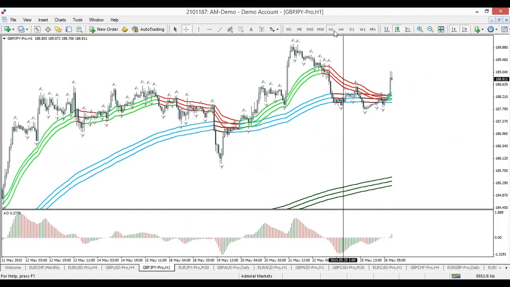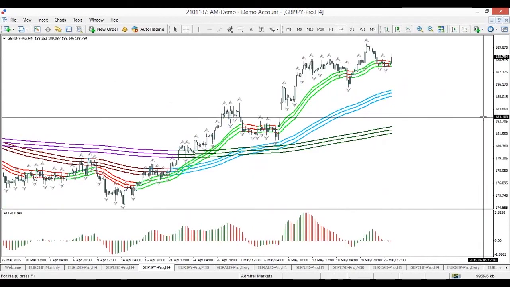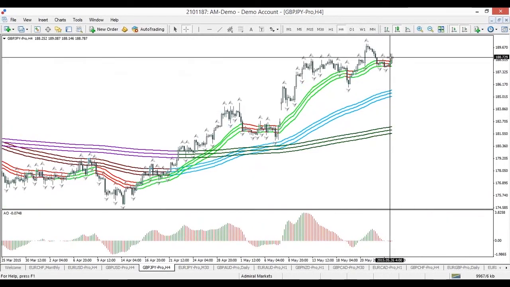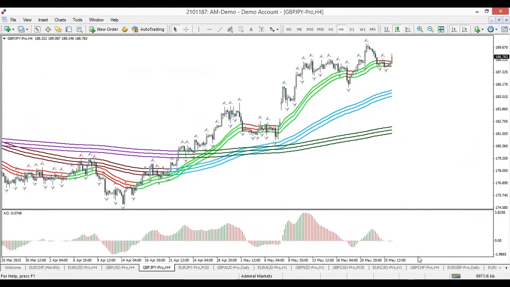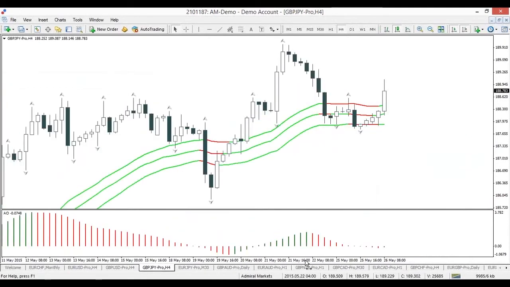So at this moment, when you look at the daily chart and weekly chart, they're in a bullish mode. And we can see a candle close right here. A decent candle close above the 34 band here.